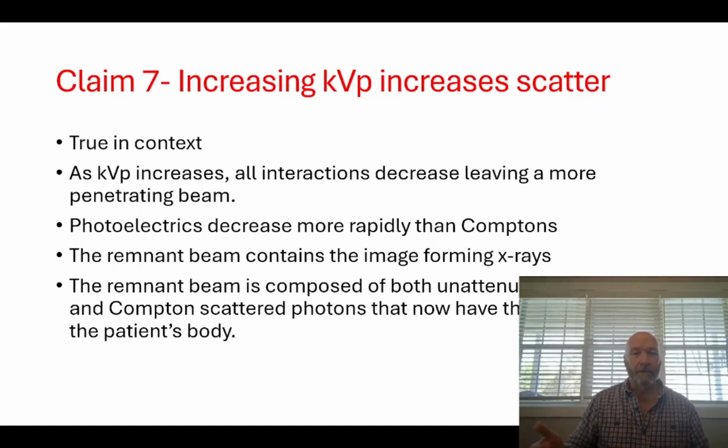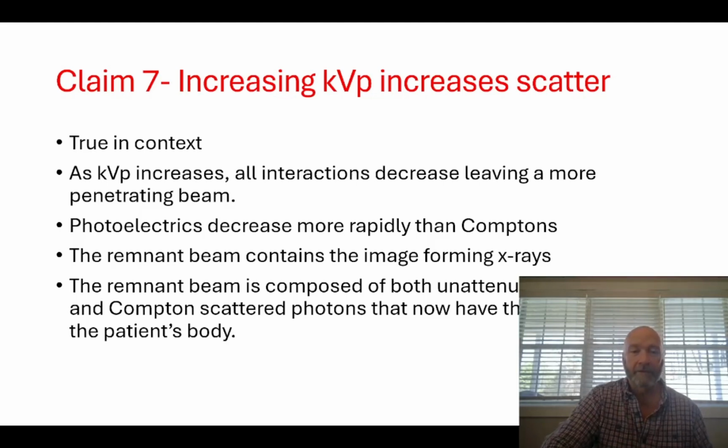So is it true? Is it false? And the answer is yes, it's both. It's true and it's false. We get a lower rate of creation of scatter, just a little bit, but we also get a greater rate of penetration of scatter. So the scatter in the remnant beam actually increases even though the scatter creation decreased, just a little bit.